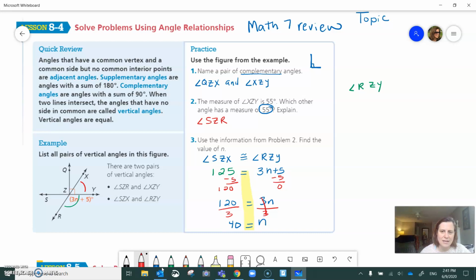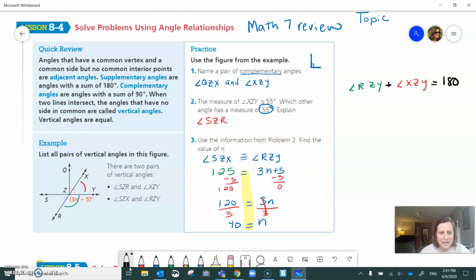And this guy is angle XZY. And what's interesting about those two together is if you add them up, you get 180 degrees, right? Because together they make a half circle, they come together to make a straight line, so we know it's 180.